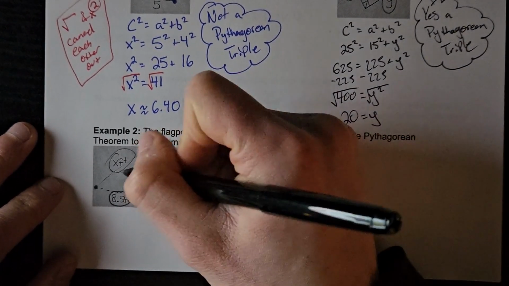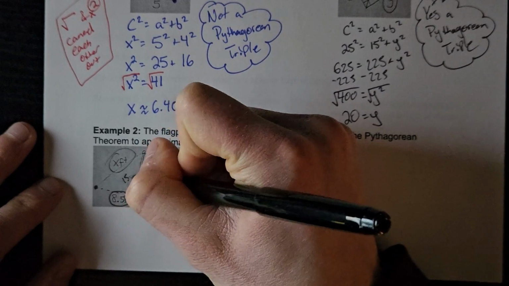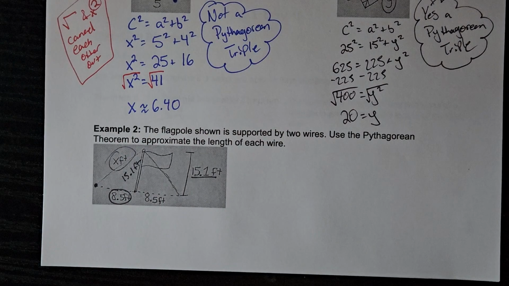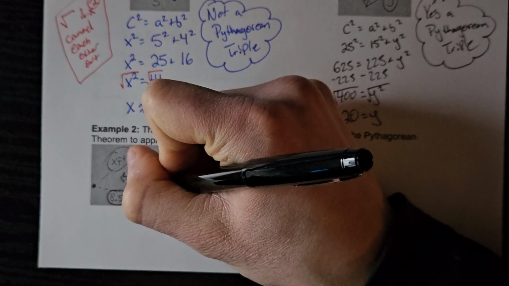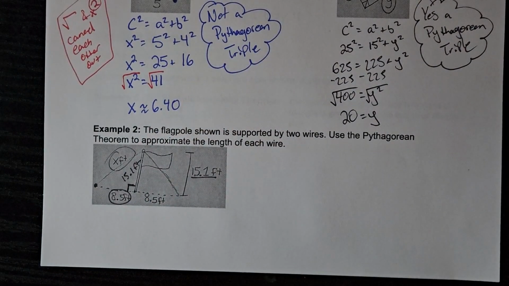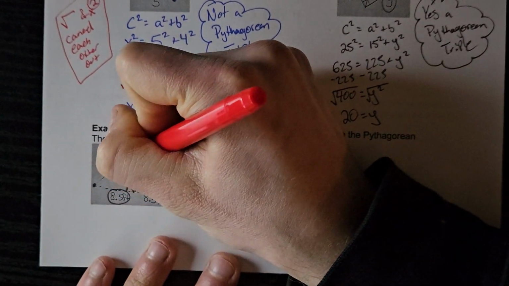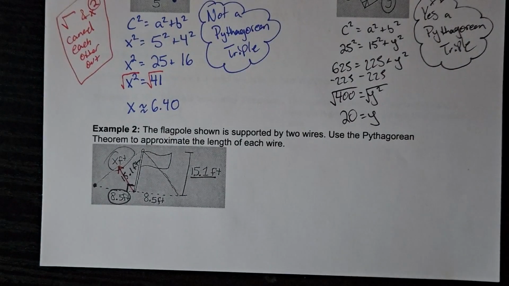Now, this 15.1 feet can be moved onto the inside of my flagpole. And this is a right triangle, so I can use the Pythagorean theorem to help me solve this problem. One thing to note is that x, in this case, is going to be our biggest side length.